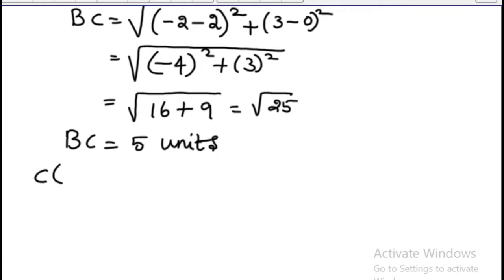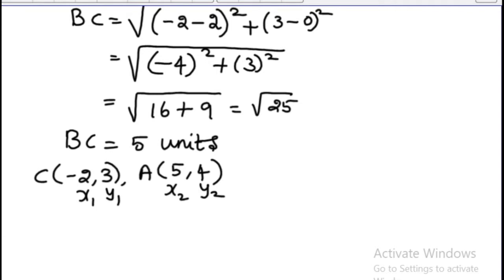The C value is minus 2, 3 and A value is 5, 4. So you can take it as x1, y1, x2, y2.